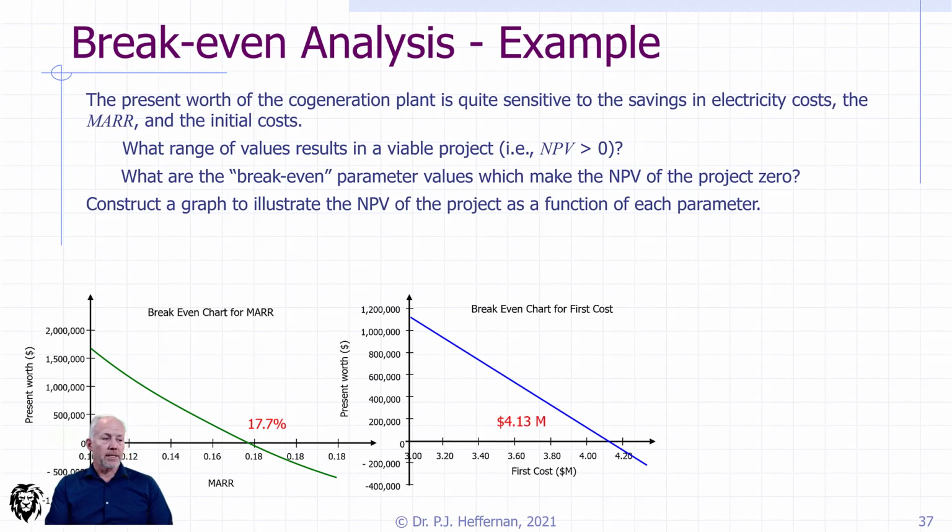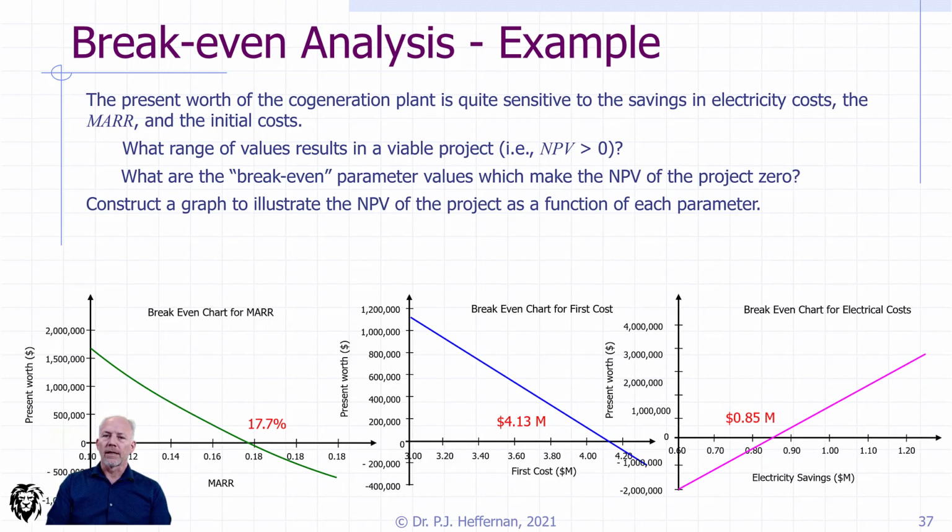Likewise, we can come up with a similar chart. This is your sensitivity graph using first cost in millions of dollars here. And we see that if the first cost were to exceed $4.13 million, our project would become unviable.